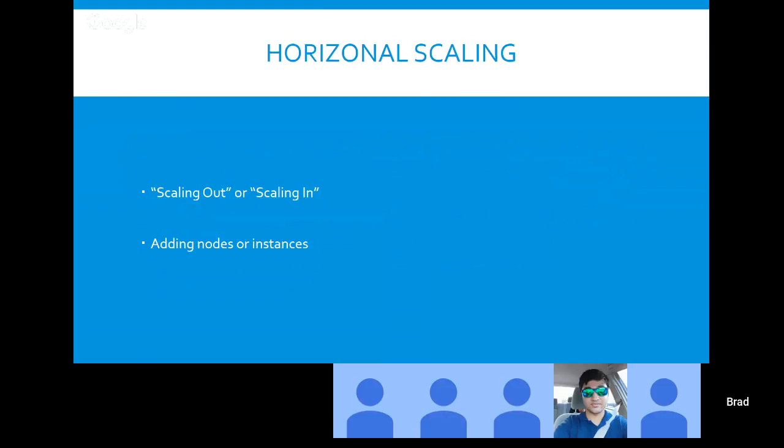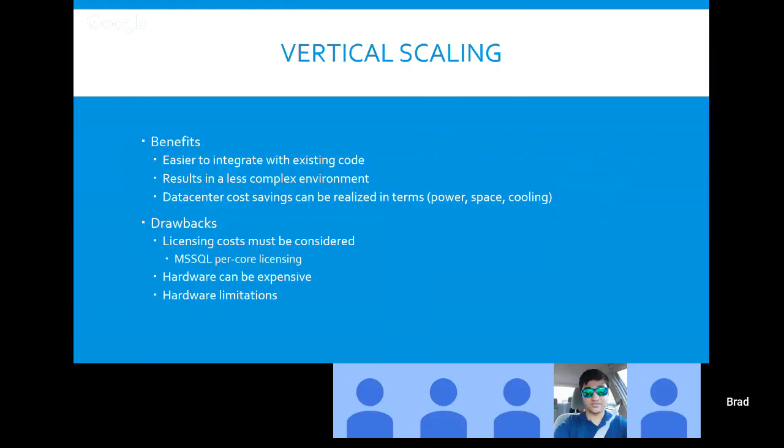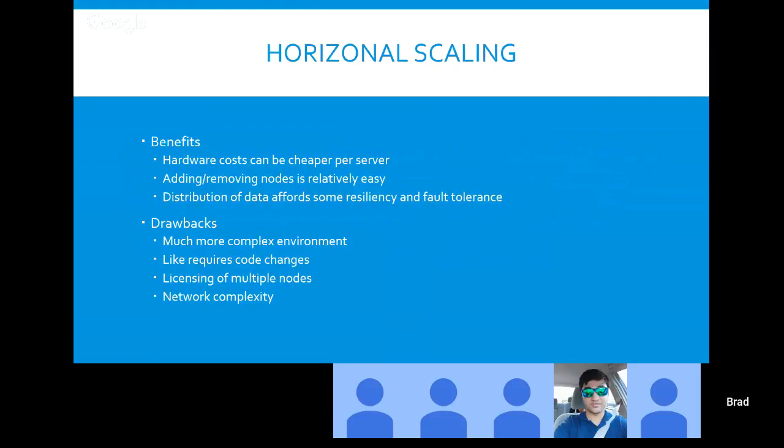When we talk about horizontal scaling, we're referring to scaling out or scaling in. This essentially is adding nodes or instances. The benefits of horizontal scaling: your hardware costs can be cheaper.